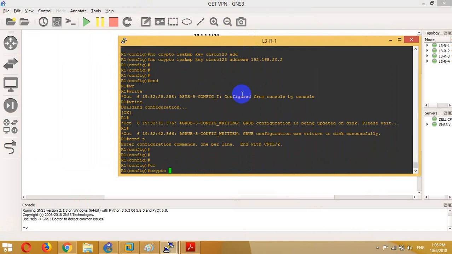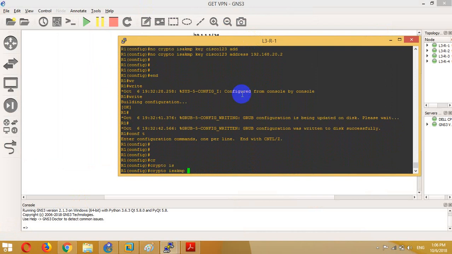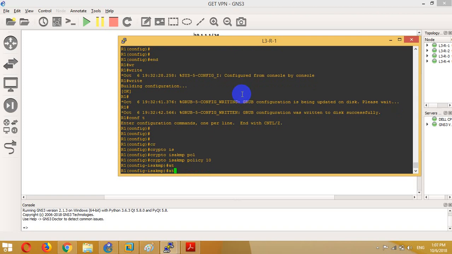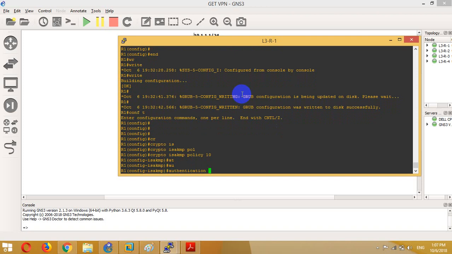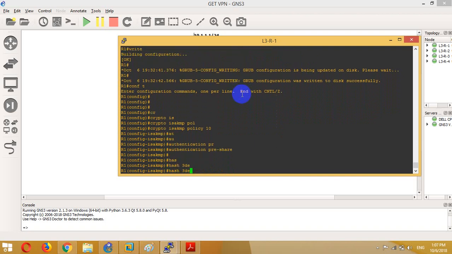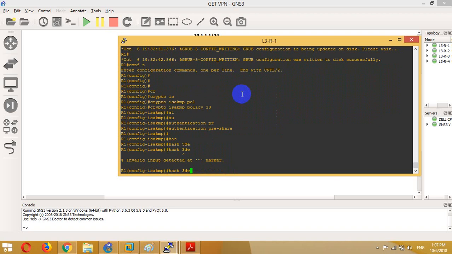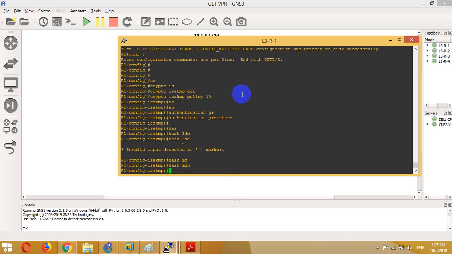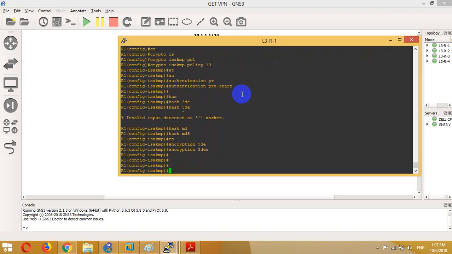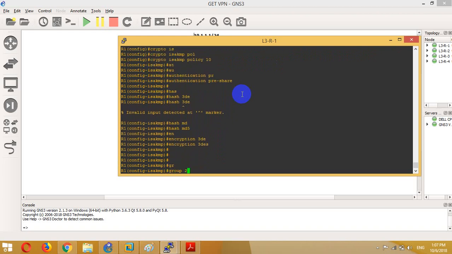Crypto ISAKMP policy 10, phase 1, guys, as you remember. Encryption, authentication, pre-share key, and hash. I'm so sorry, hash MD5 and encryption 3DES, group 2.